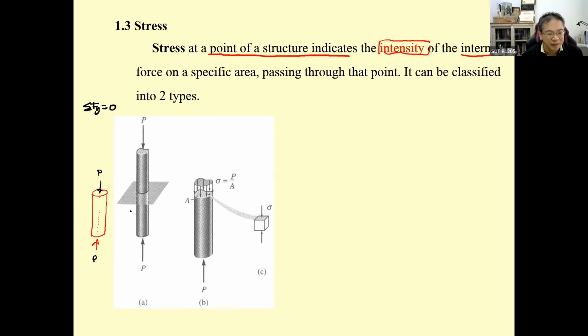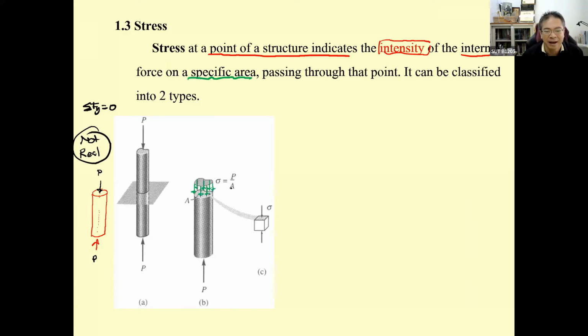But this P is not real. It's just a way to compute the stress. In actuality, what occurs over here is the stress that occurs on every material point on the specific surface.